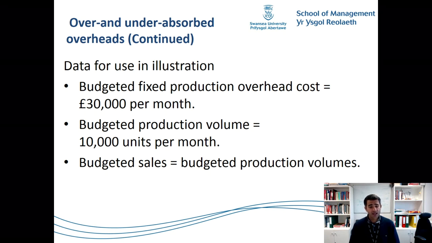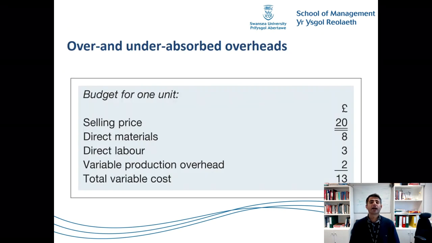In this case, if you divide £30,000 by 10,000 units, you should find out that the fixed cost per unit equals £3. So if you go back, you will see that £13 is the product cost per unit under variable costing.